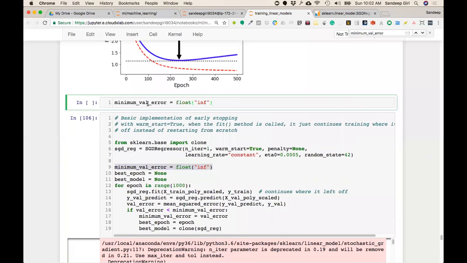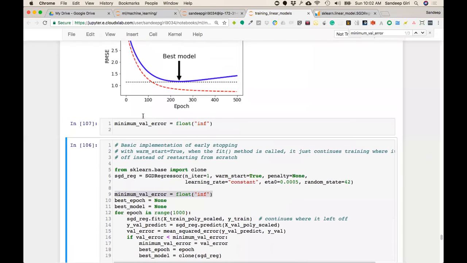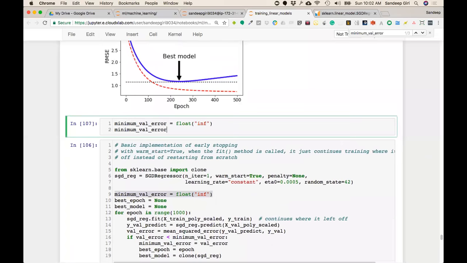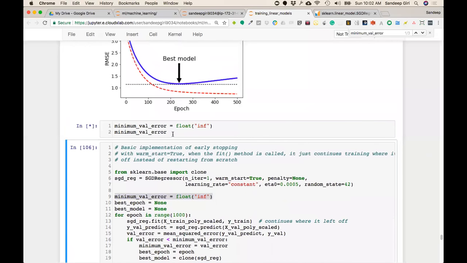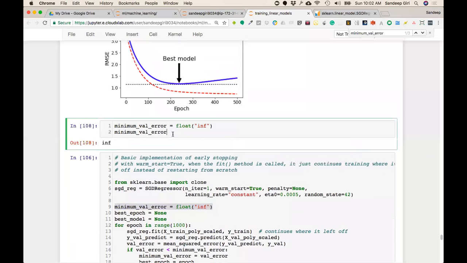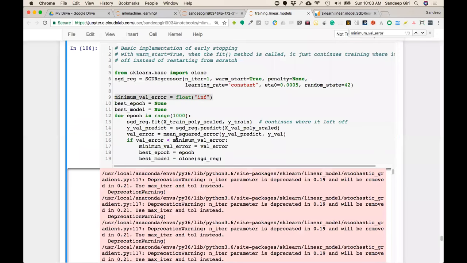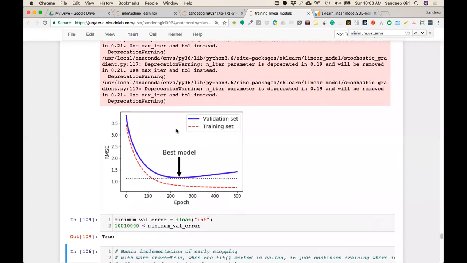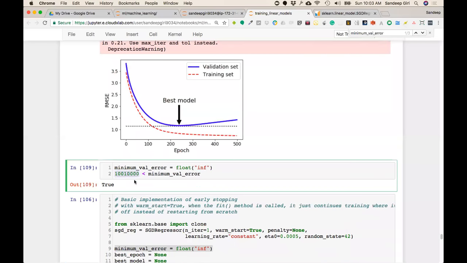Whenever we are starting, we start with an infinite value, because any value is going to be smaller than infinite, correct? Let me show you this. Let's say we started here. It's a really huge value, it's infinite. Even this, if you see, is true, meaning every possible number is smaller than this.